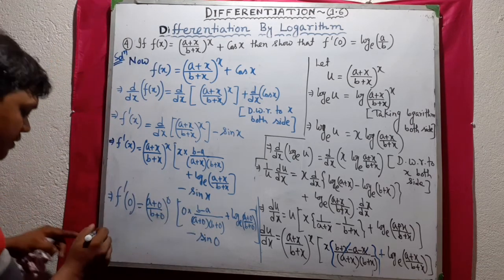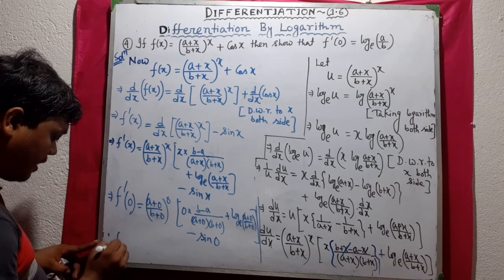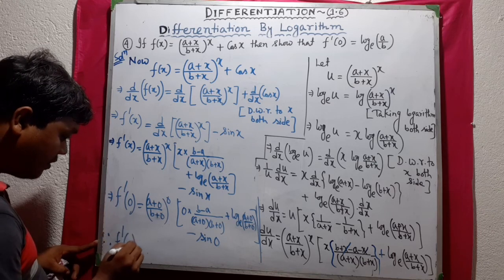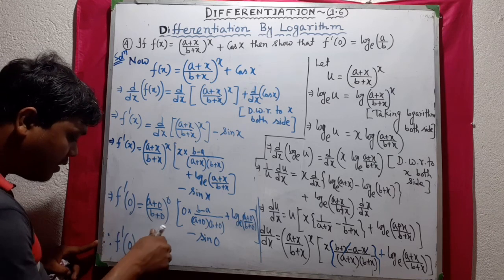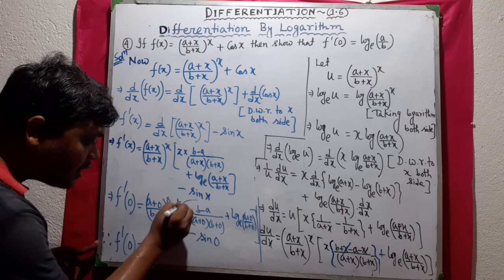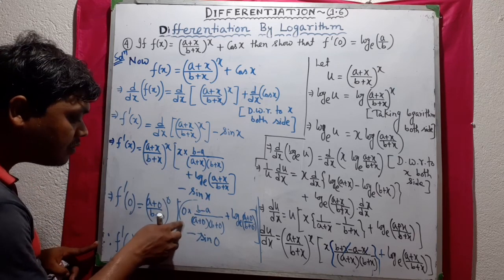Sin 0 is always 0. Therefore f dash 0 এটা সমান 1, এই পার্টটা তো টোটালটাই 0 হয়ে যাচ্ছে, এই পার্টটা টোটালটাই 0.